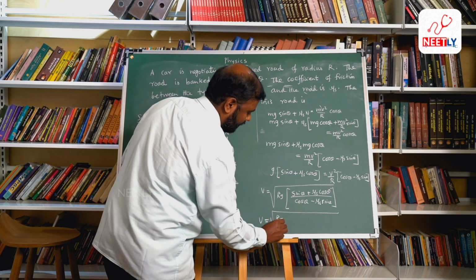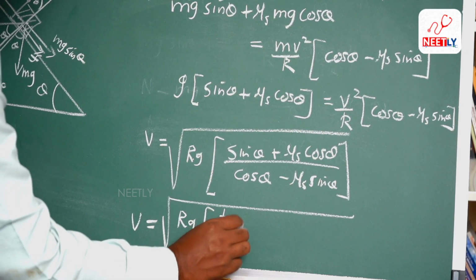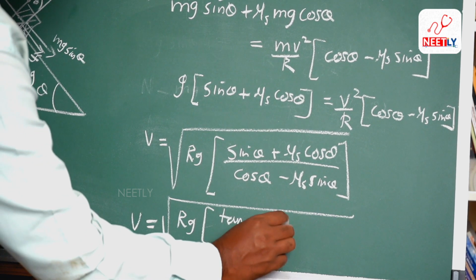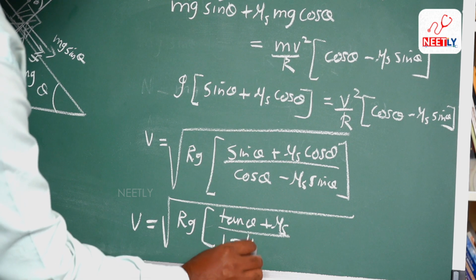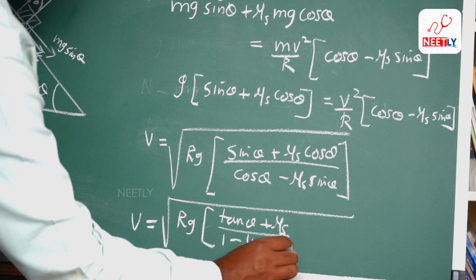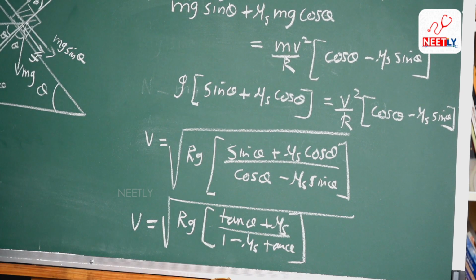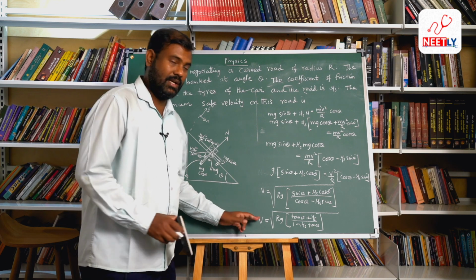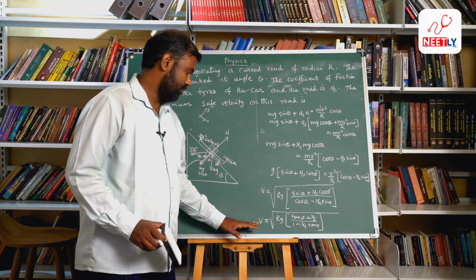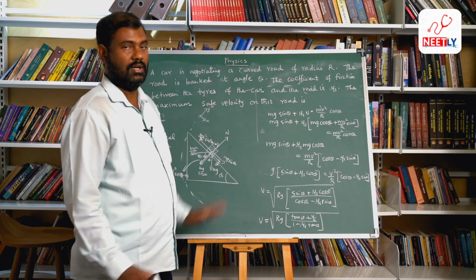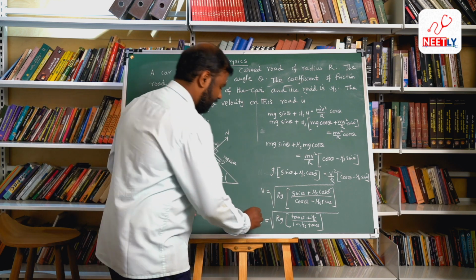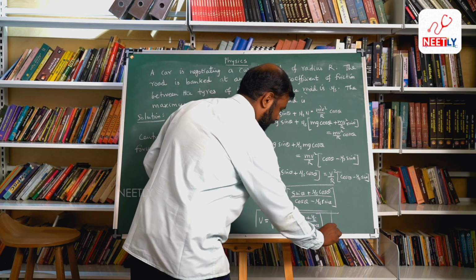We have v equal to the square root of rg times tan theta plus mu s divided by 1 minus mu s tan theta. Okay. Remember this is the condition for a safe journey, right. If v is greater than this value, then you start to slide.